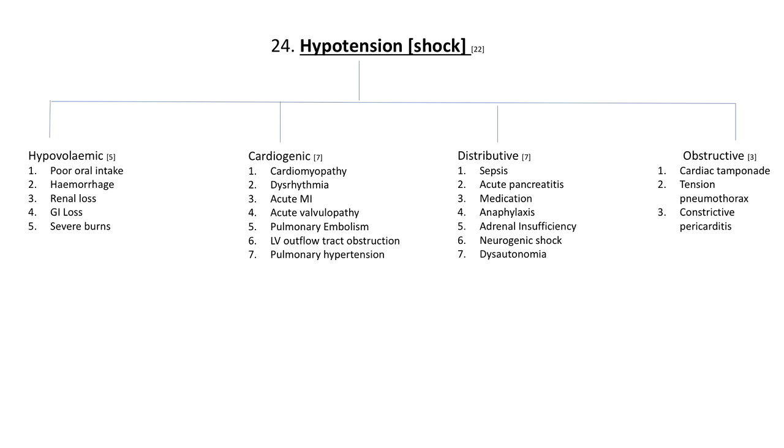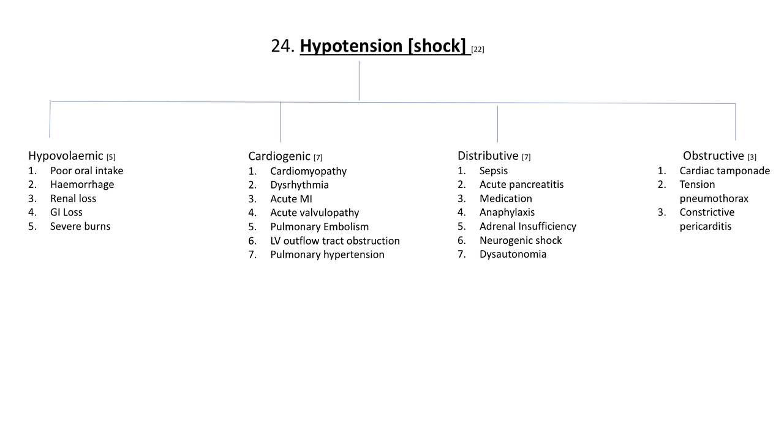You also got Takotsubo and postpartum, but we're discussing this in a separate algorithm, right? Dysrhythmia as well, tachy or bradyarrhythmias, acute myocardial infarct, acute valvulopathy, all right, pulmonary embolism, left ventricular outflow tract obstruction, and pulmonary hypertension, right?